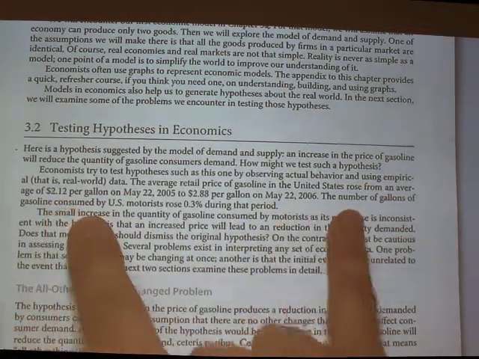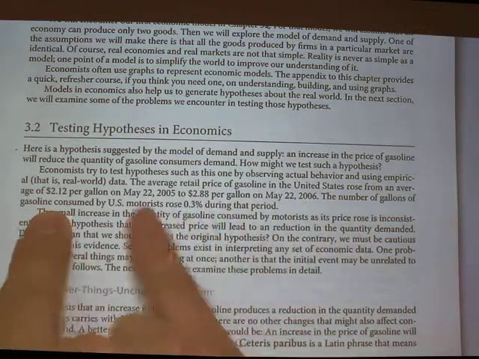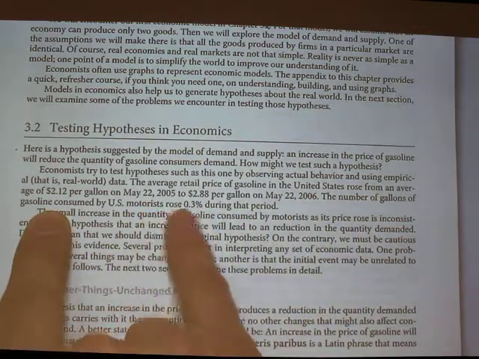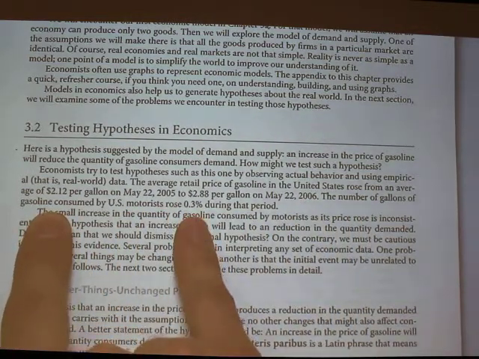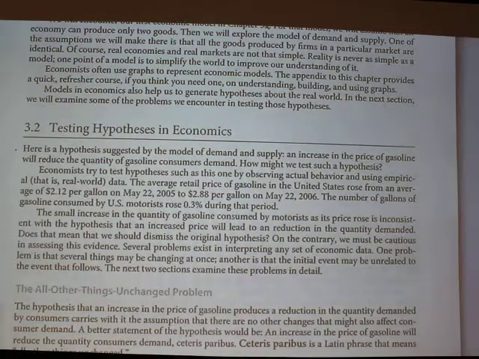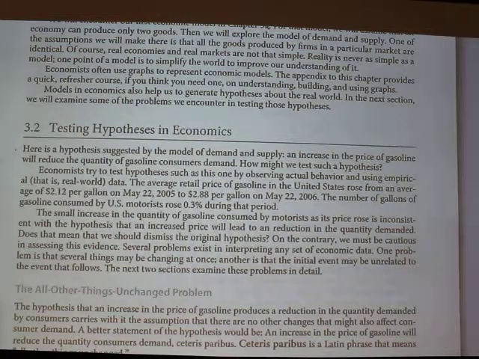But it turns out the number of gallons of gasoline consumed by US motorists actually rose during that period. So the price went up, and also gasoline consumption went up. So should we reject the hypothesis that an increase in price causes quantity demanded to fall? Probably not. Because there are many things that affect the price of gasoline.